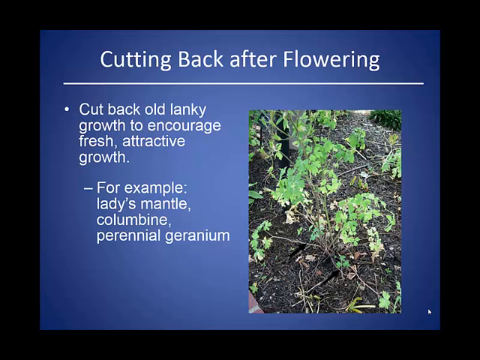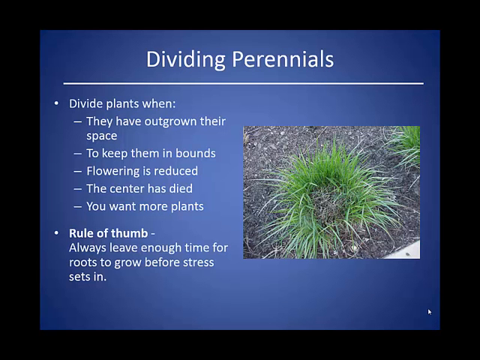If you got a lot of leaf miner damage and it's bugging you, you can just cut that all back and it'll put out a new flush. Cut it back down to 6 inches above? Right down real close to the ground. And there are some others, lady's mantle, perennial geranium, that you can do that with too.